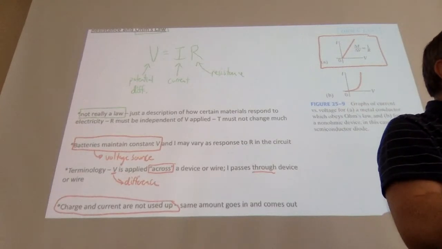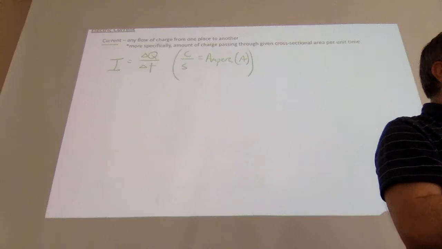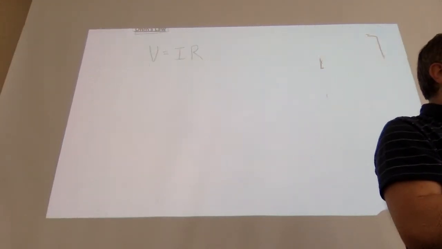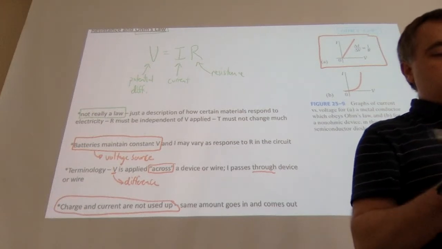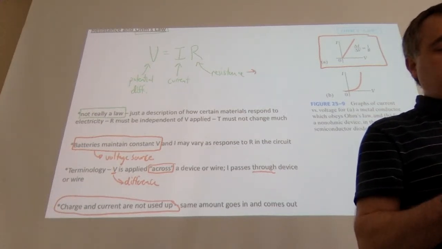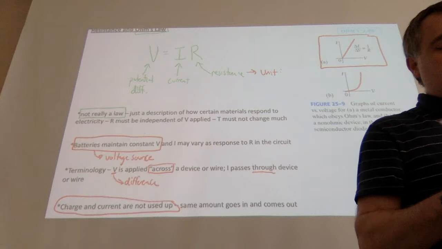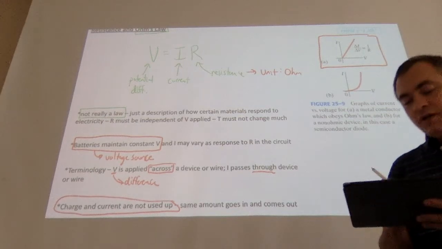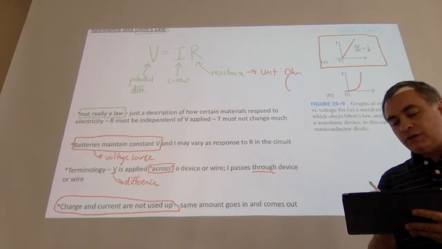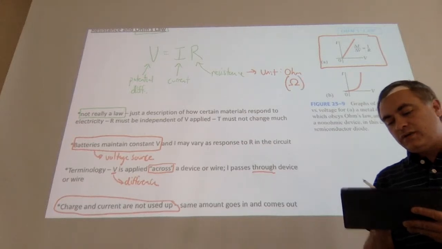Let me go back a slide. I'm trying to remember if I told you. I don't think I gave you a unit for resistance, did I? We should talk about that. The unit is surprisingly the ohm. It is Ohm's law, all right? So the unit of the resistance is the ohm, and we represent that with a Greek letter that I find difficult to draw, which is, what is that, a sigma?